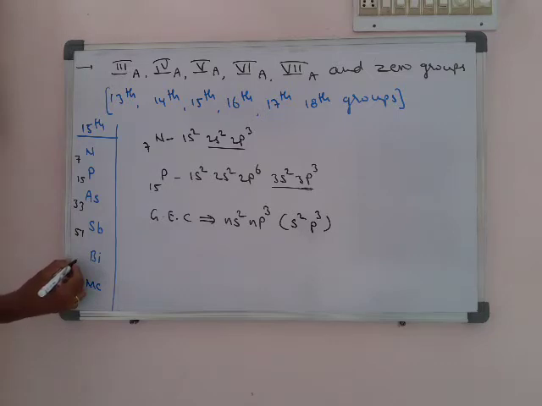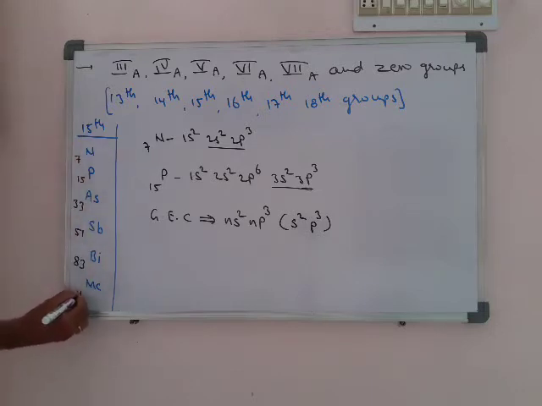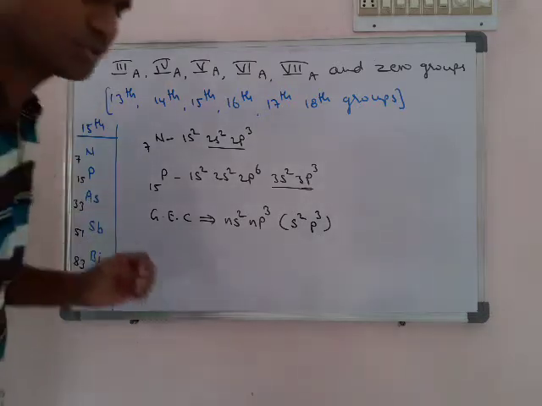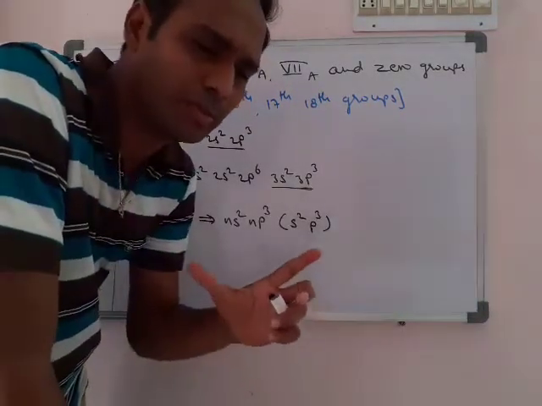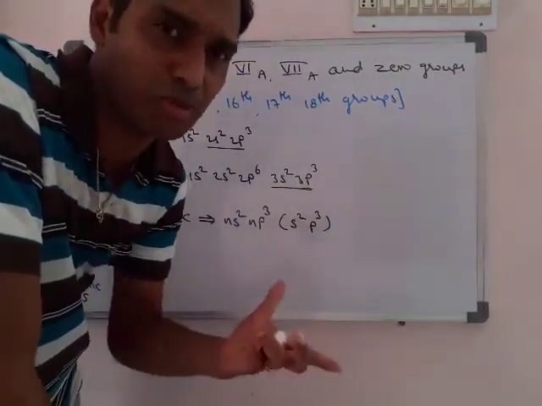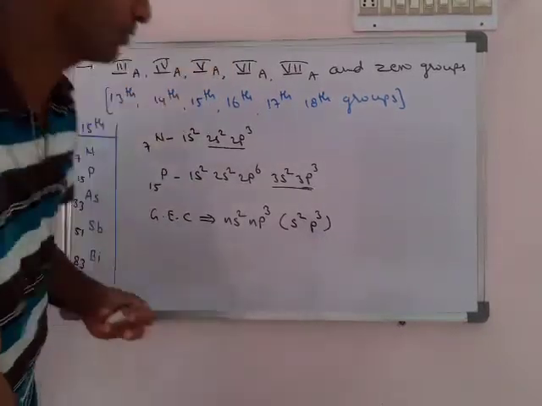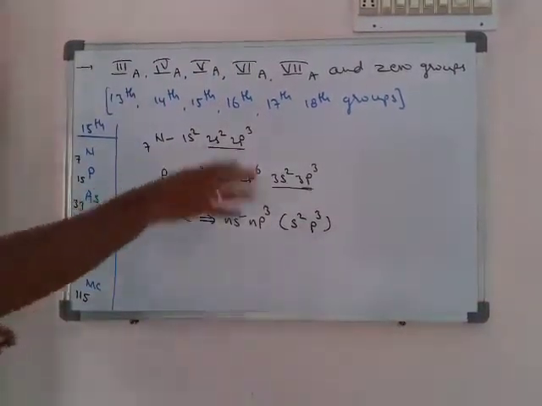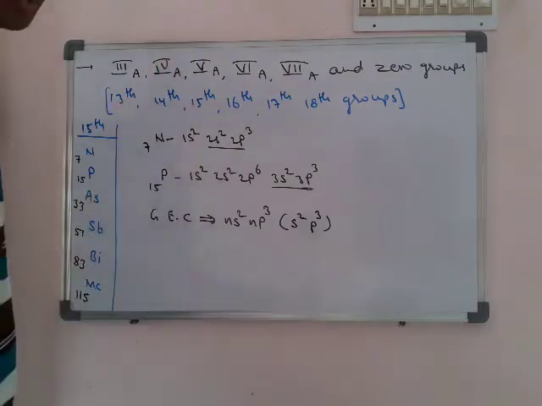Next adding 32, it will become 83. So 15 adding 100 gives 115. So the more perfect you are in the periodic table, the better it will be. Okay, so we can say the 15th group elements also come under p block.